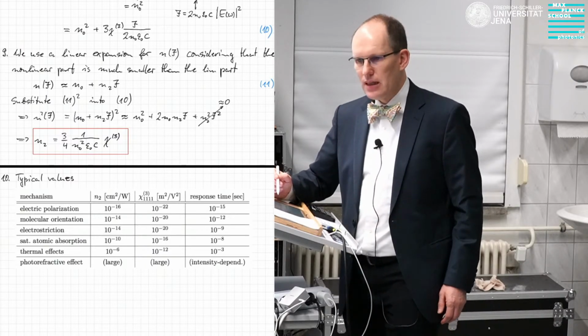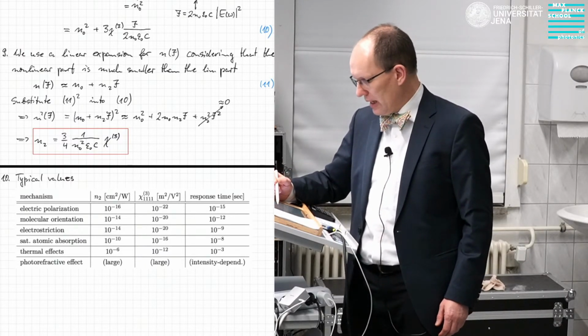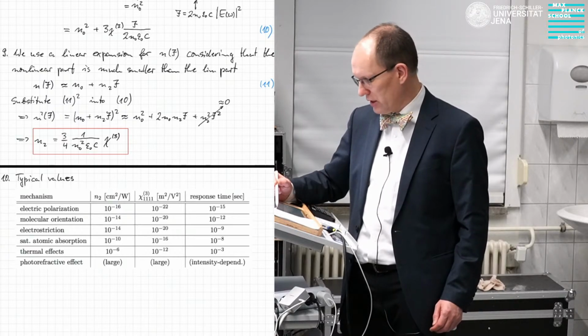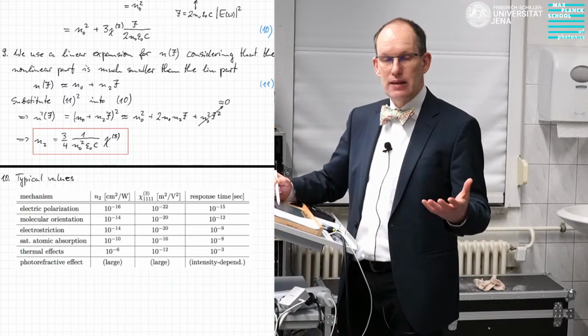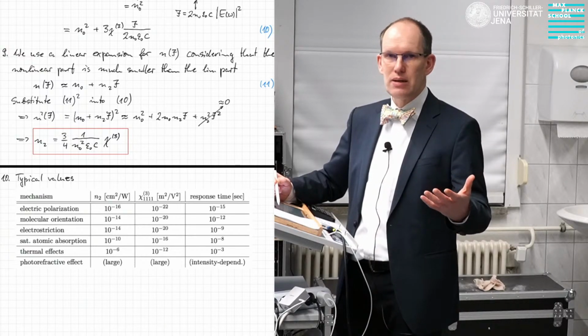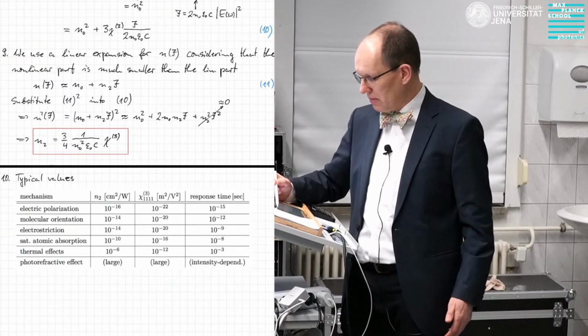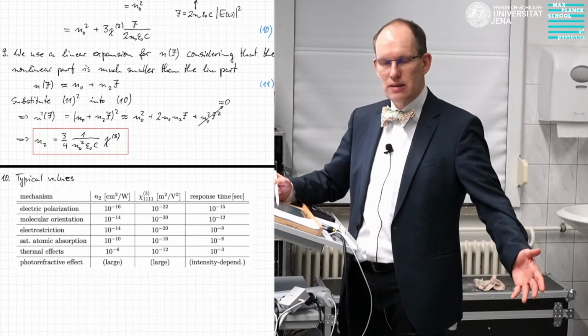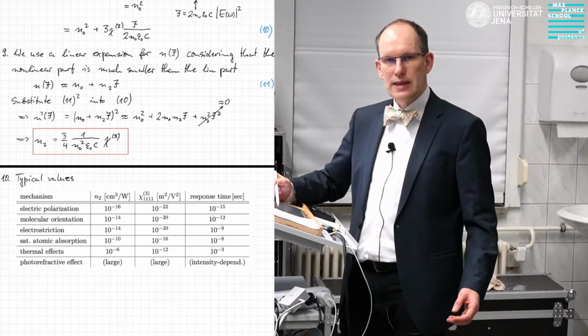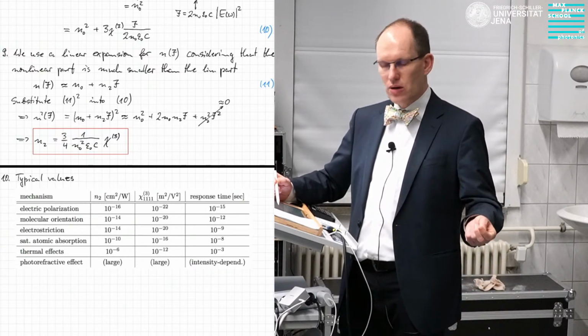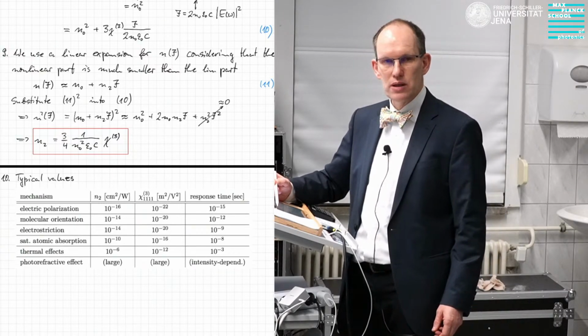So if we look at electric polarization, so this is actually the thing that, when we don't say anything else, then mostly here in nonlinear optics, at least in the context of this course, we mean nonlinearities due to electric polarization.